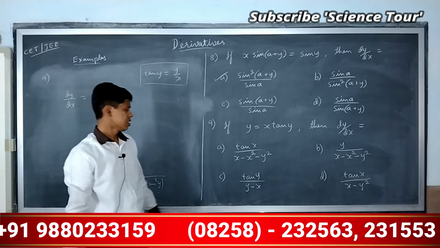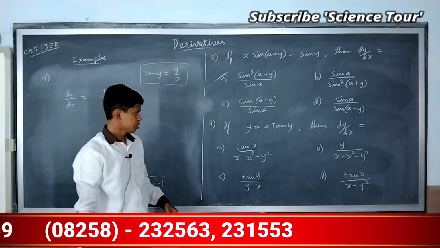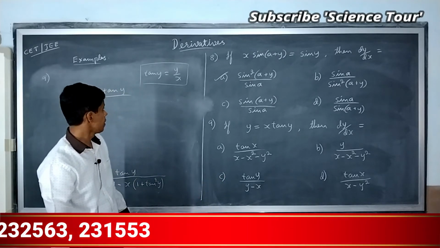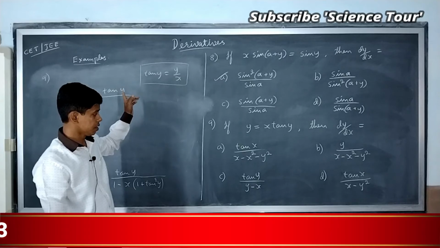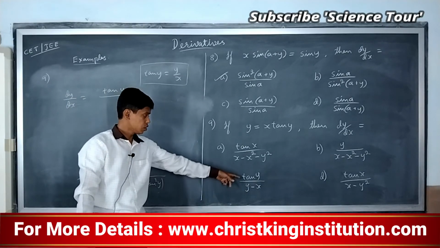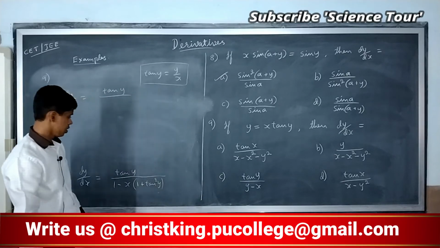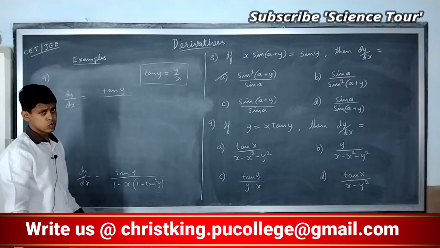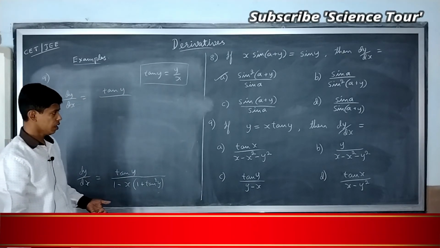Now itself you can guess the answer. Alright, so tan y, again I can write, so there is no chance that I will get y minus x, correct? So just because you have tan y in the numerator, don't think that you will get option C. You may get, but you may not get as well.